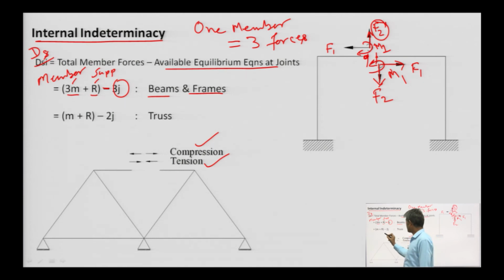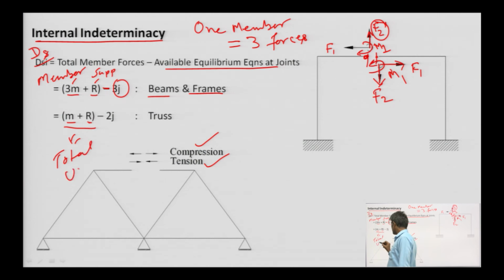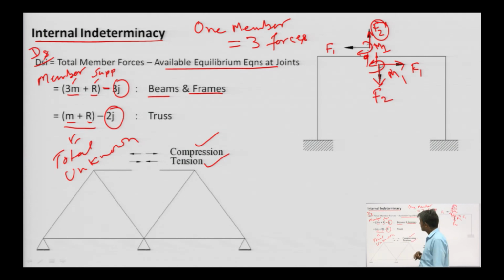Therefore, the member force is m, and capital R is the total restraint. So, m plus R is the total unknown forces, minus the equilibrium equations, which will be 2j, as I discussed in the previous slide.